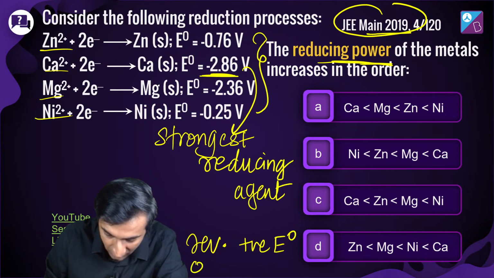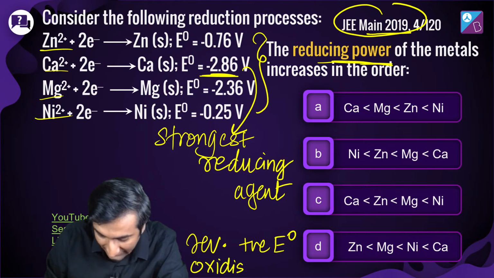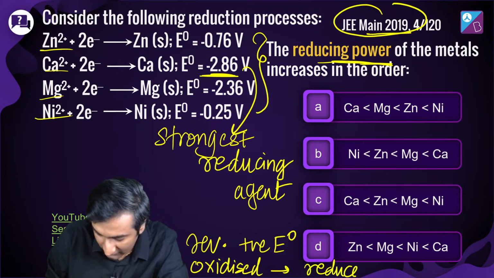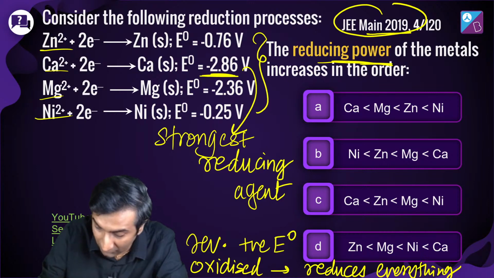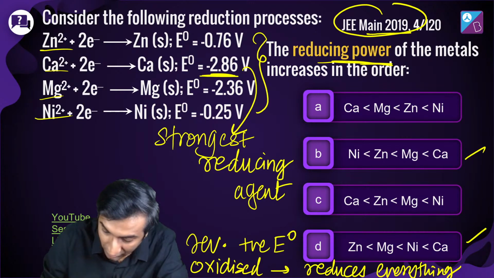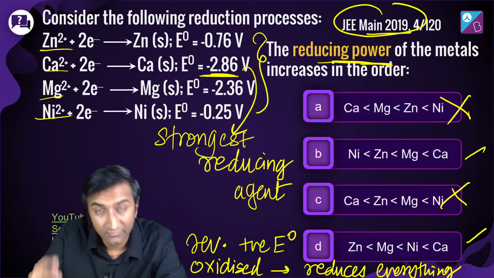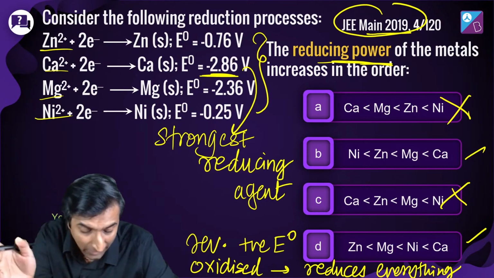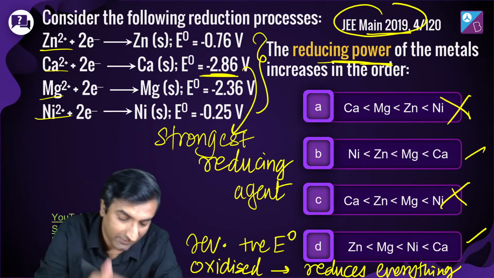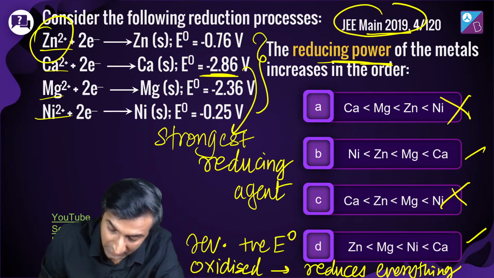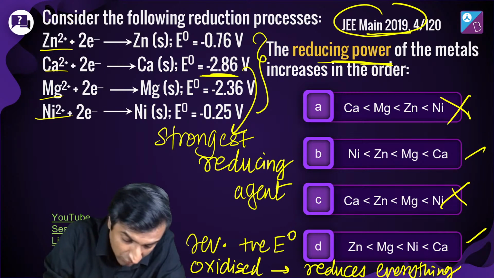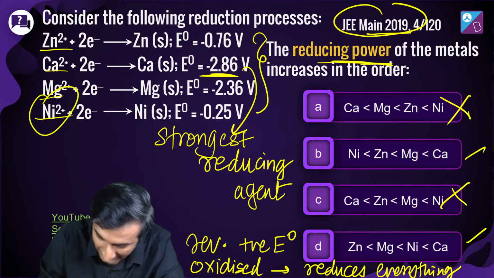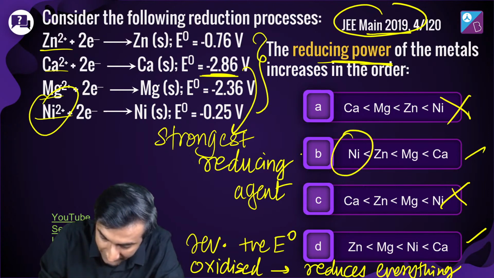It likes being oxidized, and if it likes being oxidized, it reduces everything else. So the most reactive will be either this or this, not this, not this. That is right. Then look at the one that is the smallest, zinc. Not zinc, smaller than zinc is nickel. So nickel will come first. So the answer is B.